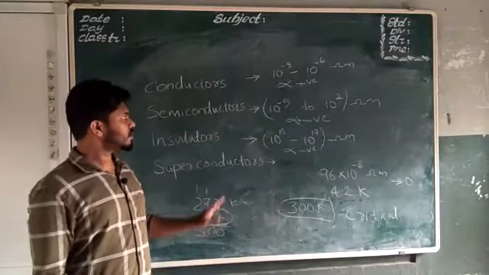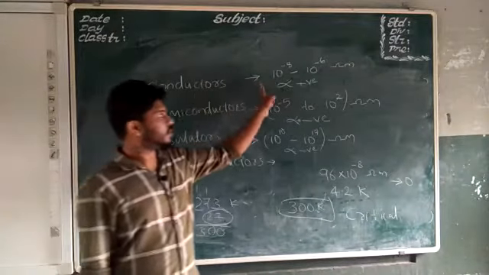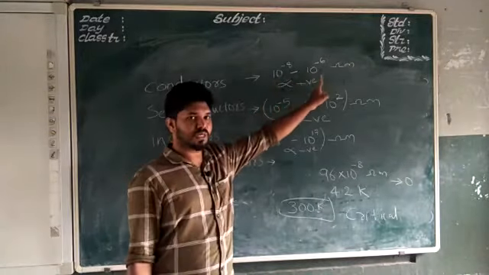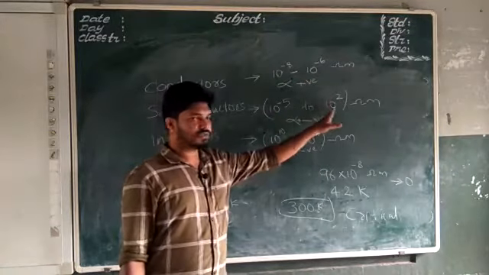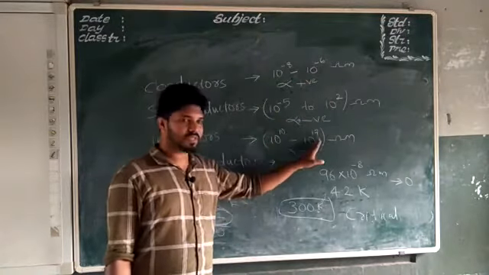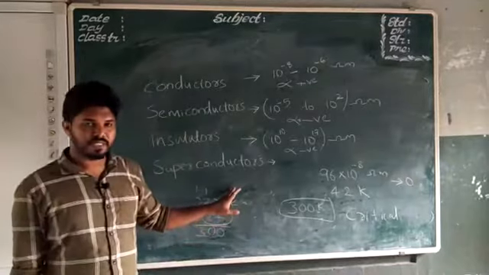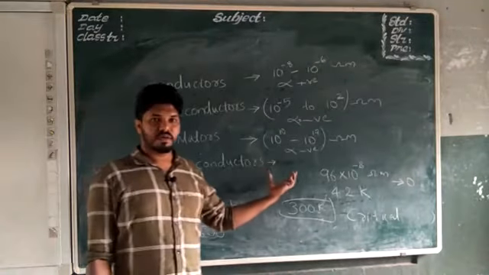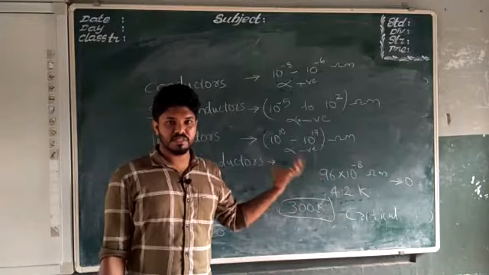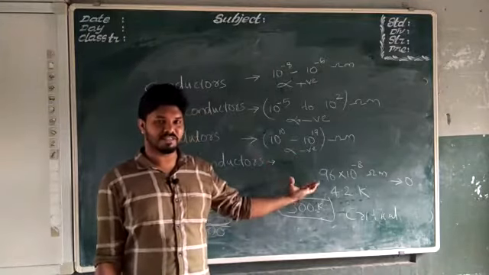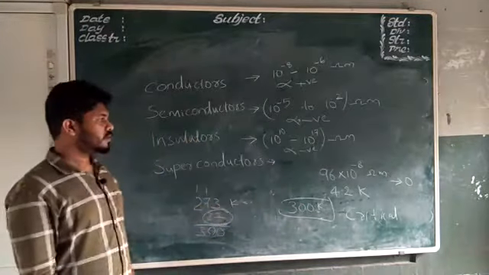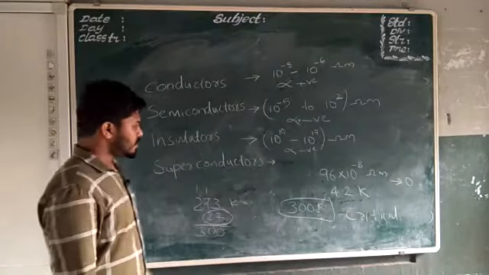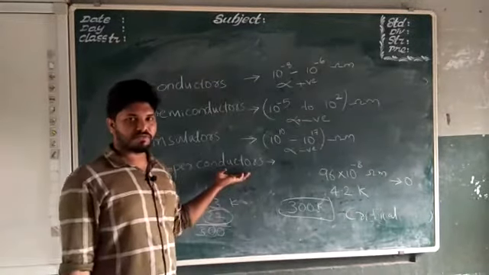Conductors belong to the range 10 raised to minus 8 to minus 6, semiconductors 10 raised to minus 5 to 10 raised to 5, and insulators 10 raised to 10 to 17. Superconductors are the materials whose resistivity becomes 0 under a certain temperature. So that's all about the classification of conductors.